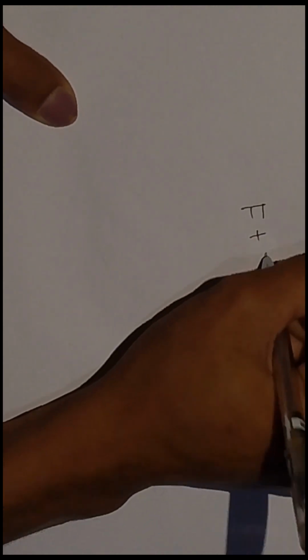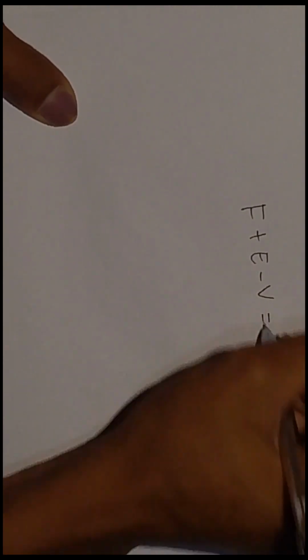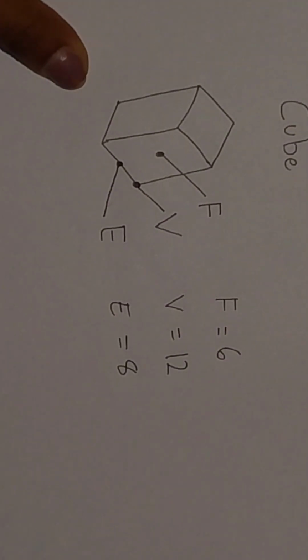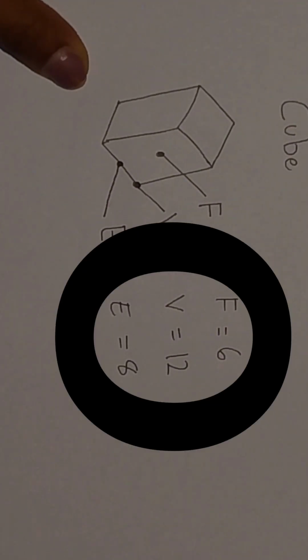Now let's move on to the formula of Euler. So we know the numbers for f, v, and e, so let's substitute them.